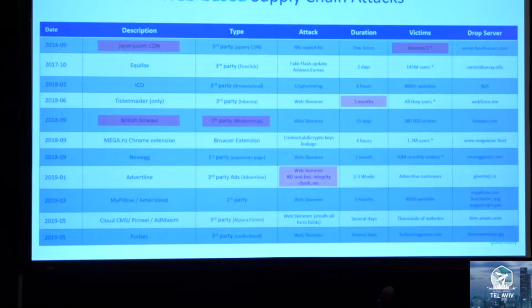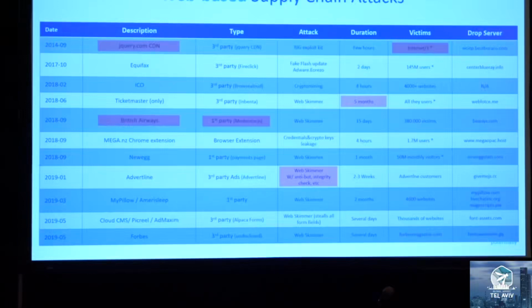Another example, more recently this year, Adverline, which is an ad company, was compromised. What's particular about this attack is that the web skimmer that was used was very sophisticated compared with the previous versions. It actually had anti-bot defenses. If people are trying to see if the skimmer is doing certain things using automated mechanisms, it tries to spot if such mechanisms are being used, and then it prevents itself from executing in those moments.